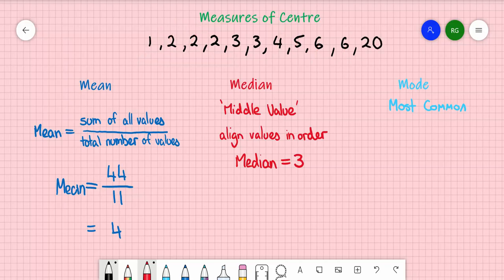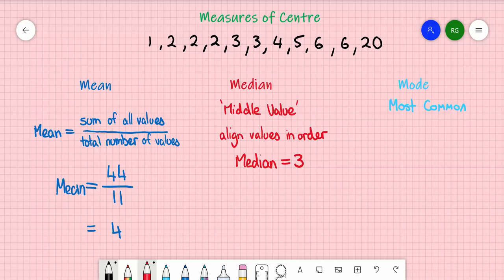That's the easiest way to determine the median value. You need to just find the middle value. If you know how many values there are, if you know that there are 11 values, you can divide it by 2, which is 5.5, which means the 6th value is the one that is the middle value.